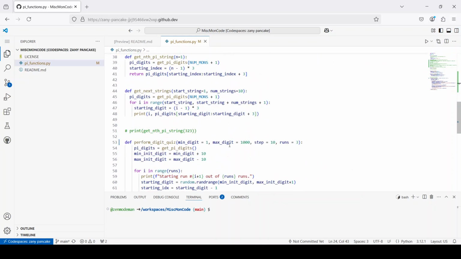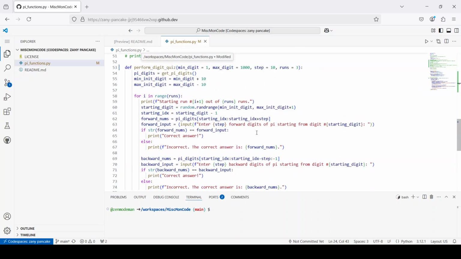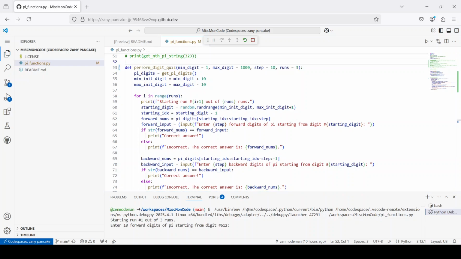So now let's just do the quiz and see if I can properly show the memorization here. Okay, so we're starting with enter 10 forward digits from the digit 612.